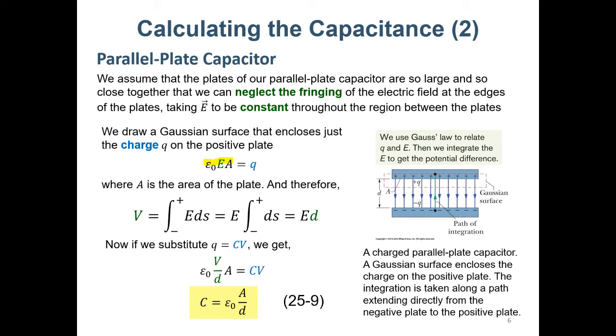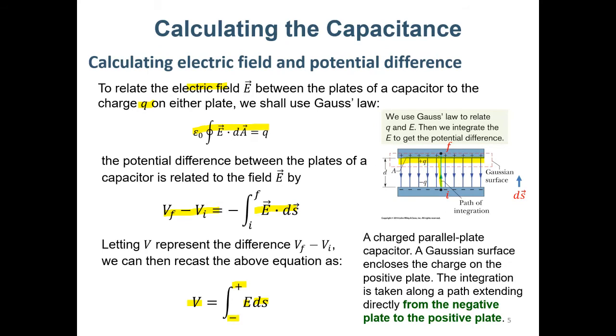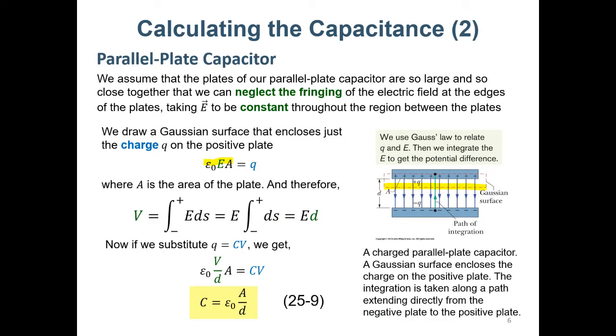So the only edge to contribute to the integration of E dot dA is the bottom side. So it is EA times epsilon naught equals Q. And this is positive Q, this is negative Q, and we assume this Gauss surface is like this one. So the enclosed charge is small q.